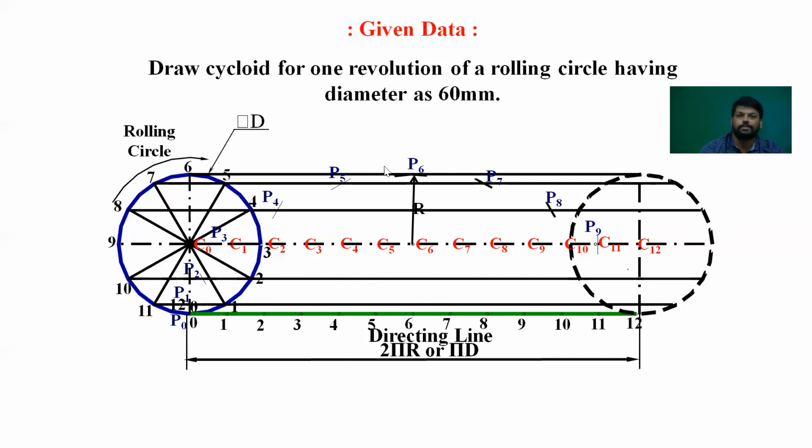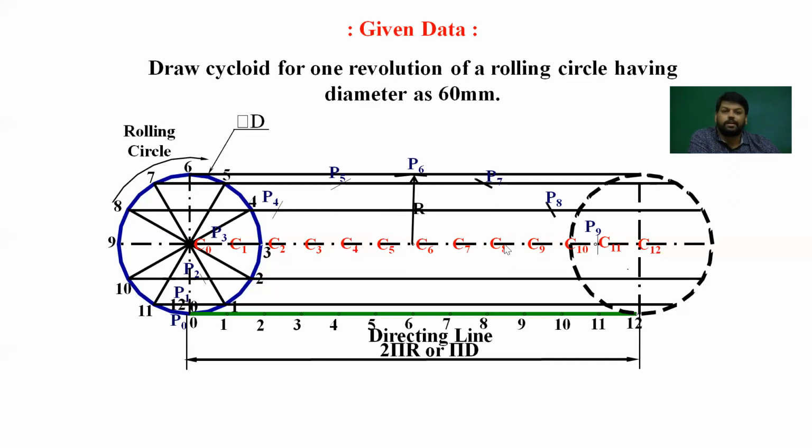So directly at C6, you can draw a vertical line where it meets this top line, and that point you can directly mark as P6. When the circle rotates further in the clockwise direction, from now on whenever you need to cut, you need to cut on the right side only. So when the center becomes C7, you need to take the radius of the circle and cut the line passing through 7.